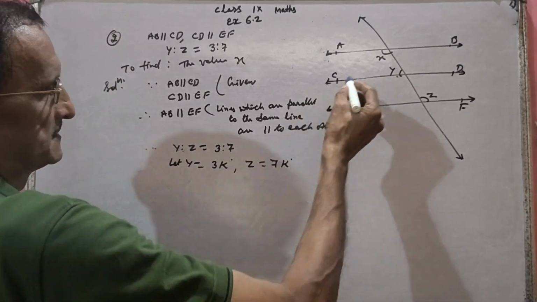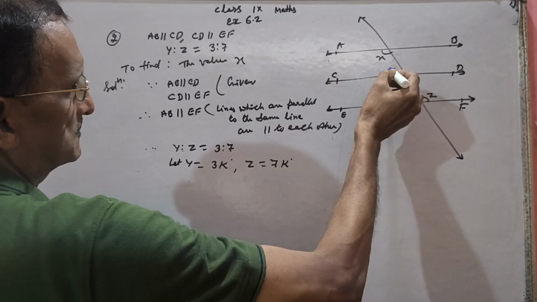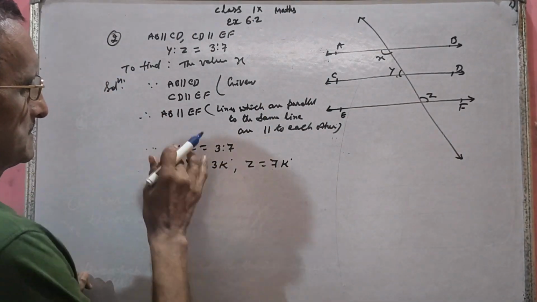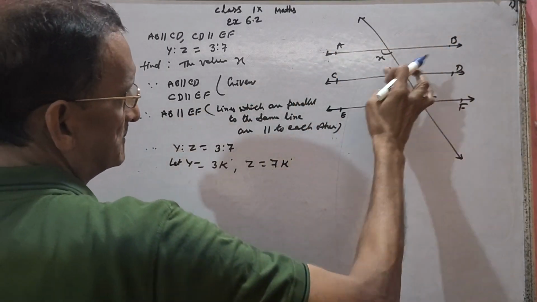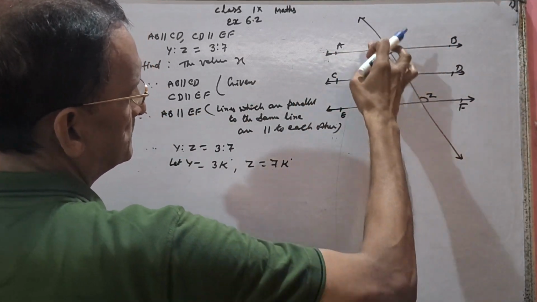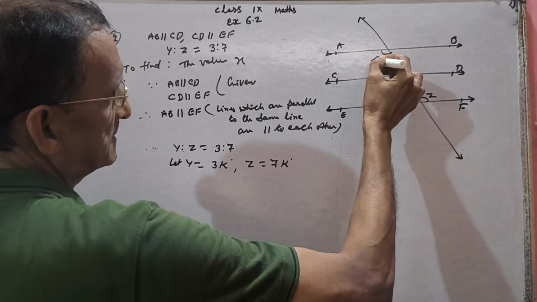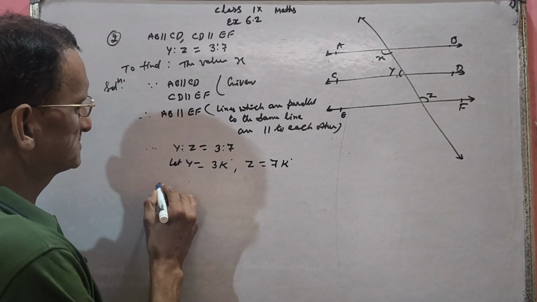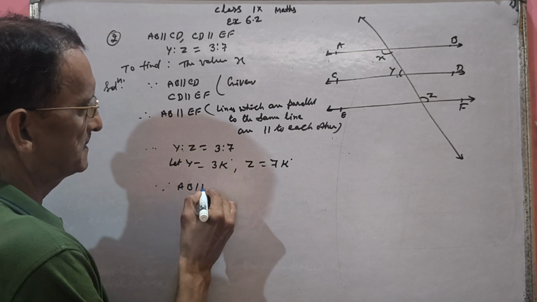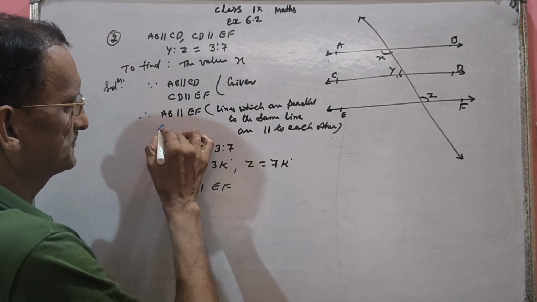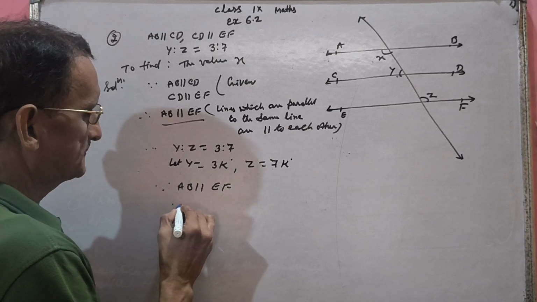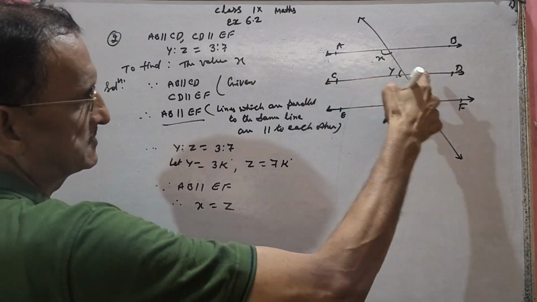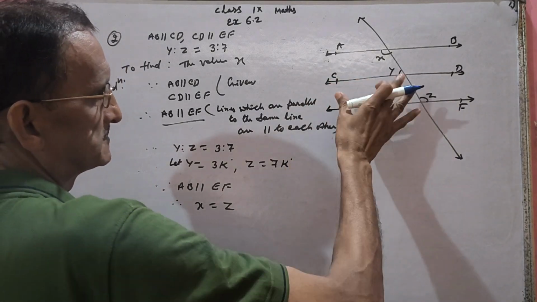Now, if AB is parallel to EF, and this line is a transversal, then angle X is equal to angle Z. Now, since AB parallel EF, just as we have proved here, therefore X equal to Z. Don't see this line.